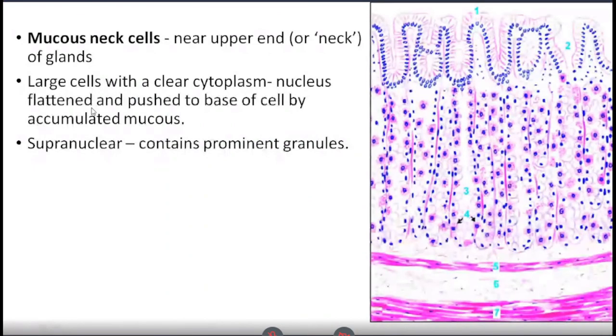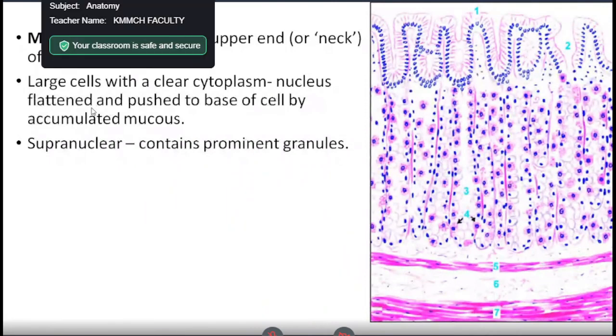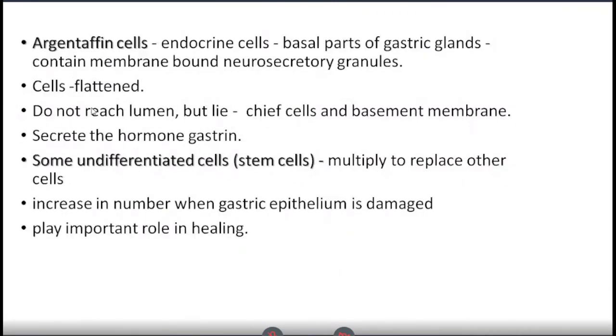So this is the third type of cell. Then there is the fourth type of cell, that is called the argentaffin cell. So these are the endocrine cells. Mostly they are present over the basal part of the gastric glands, and these contain the membrane bound neurosecretory granules. These cells are flat cells. They do not reach the lumen, but they lie between the chief cells and the basement membrane.